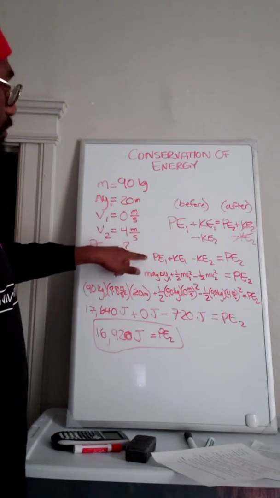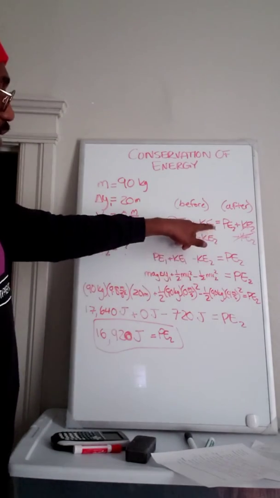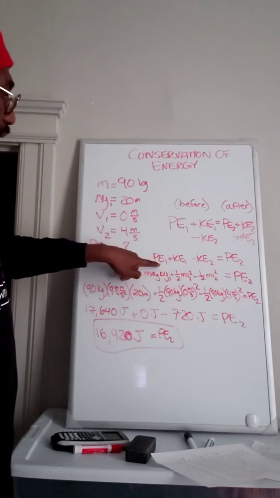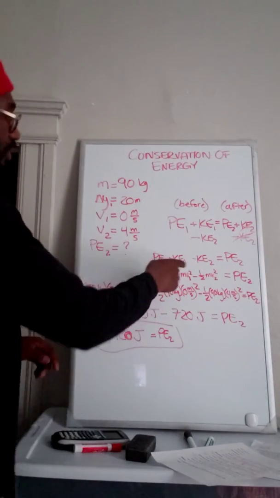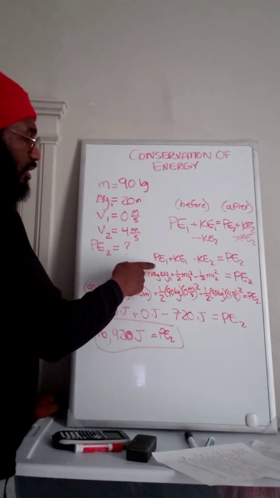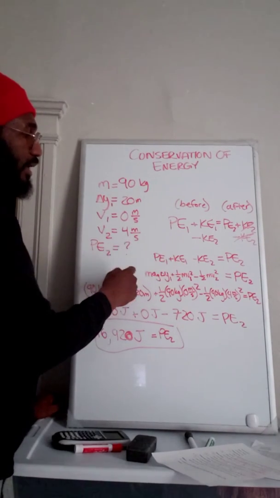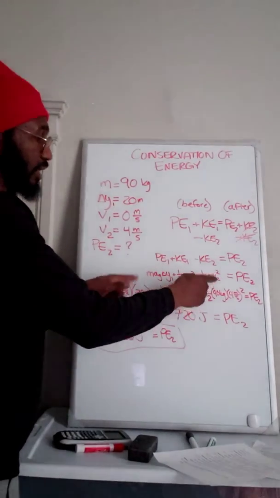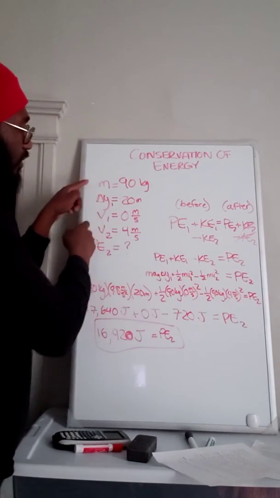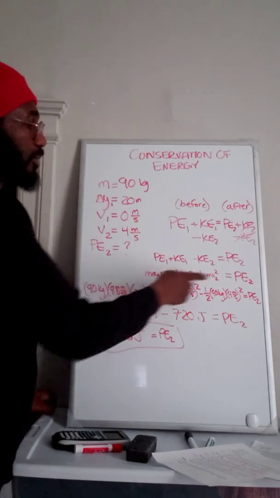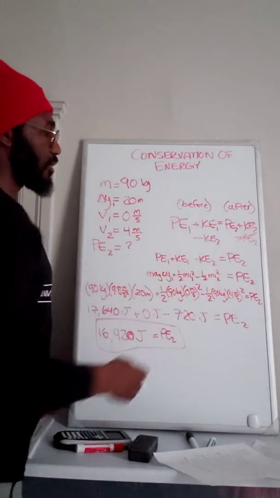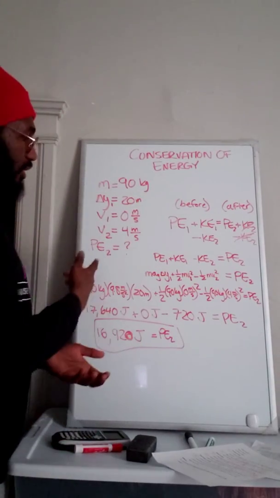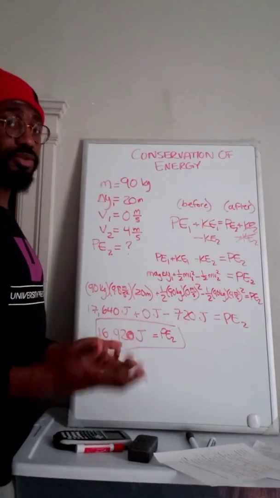All right. So we had our equation. We rearranged it to solve for what we were looking for. We substituted in the equations for potential energy and kinetic energy so that we could break this side apart and plug in the variables we knew. But we did not break apart the variable we were looking for, because if we broke it apart, we still wouldn't be able to find potential energy 2.